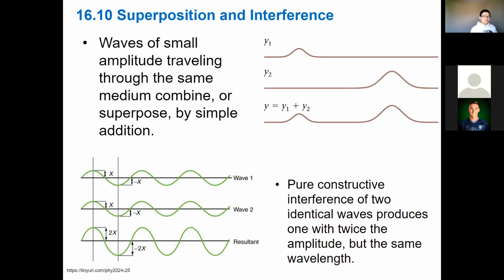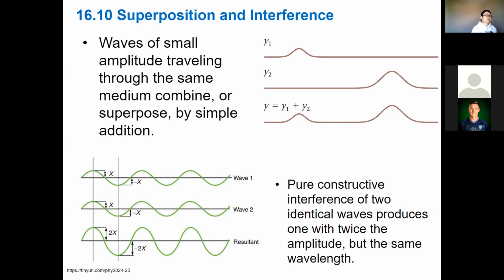When the two waves meet, the displacement of the medium can be described with either a sine function or a cosine function, so you have an algebraic expression of the wave. If the two waves meet, you can simply do the algebraic sum of the two wave functions.